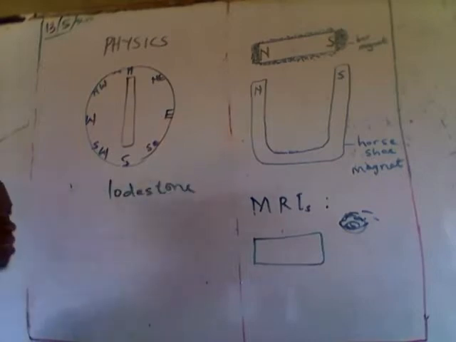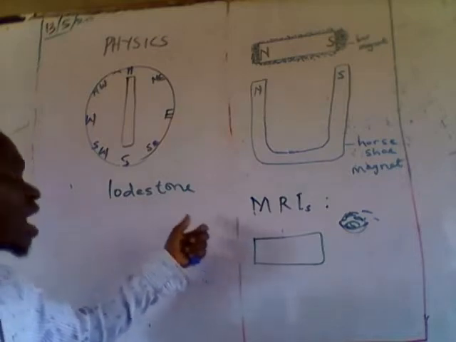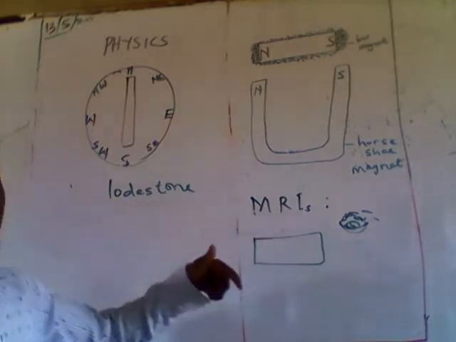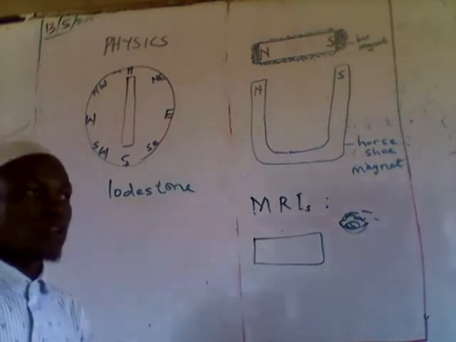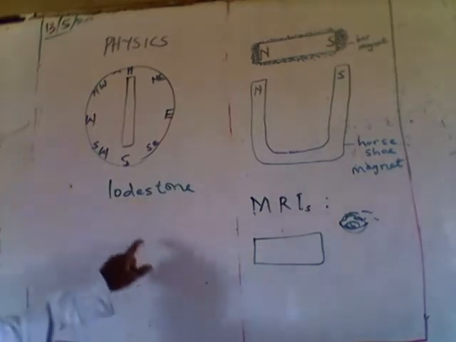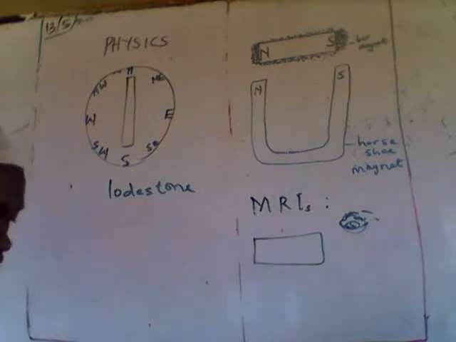The natural magnet we have is called lodestone, while the artificial magnets are the ones you get through the processes of magnetization. I think you get the illustration.